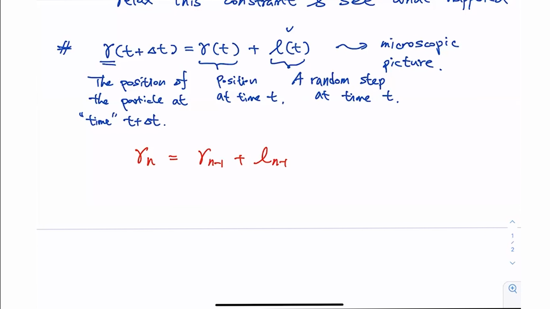So let's see. Okay, so here one thing that is not obvious is about this L. Here we just say that it is a random number, but this is basically an assumption. You can think in the following way. Suppose I have a particle. We have Newtonian mechanics.